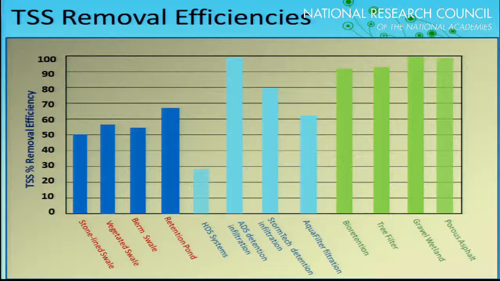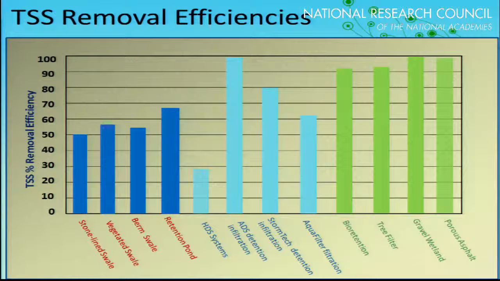As far as performance, busy slide, and I'll show a few like these. These are the average performances of pollutant removal. And so what you're looking at, in this case, is total suspended sediment removal. The blue bars are what you would consider conventional infrastructure, swales of different types and ponds. The light blue bars are manufactured technologies which kind of fit into the guise of green infrastructure.